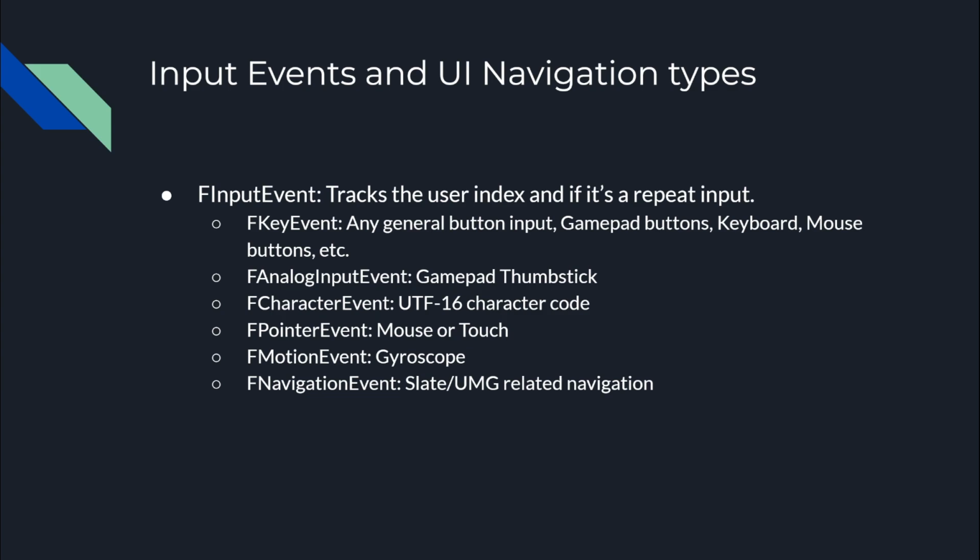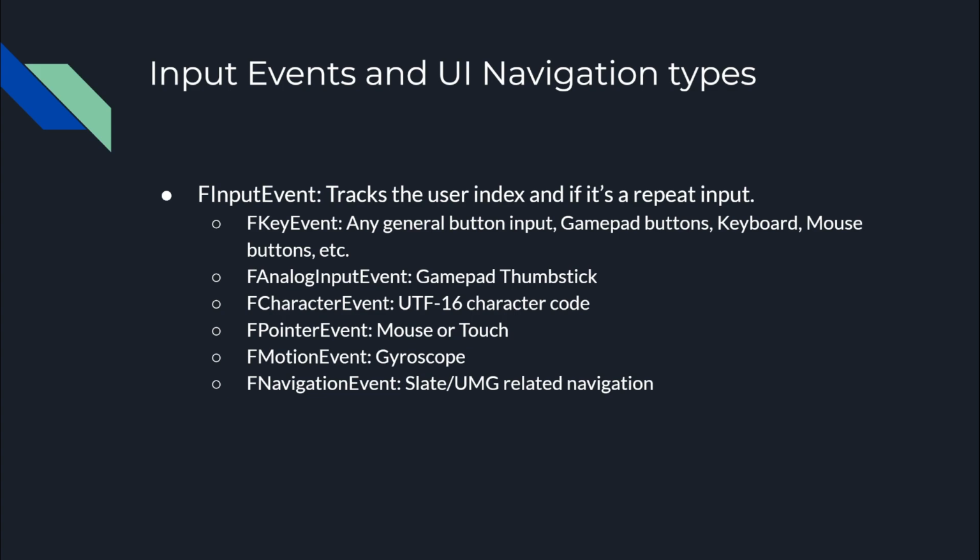And then you have character events. I have not used them personally, but they're pretty much Unicode 16 character codes. Literally just that. I'm pretty sure they're used for specific widgets and like OnKeyChar functionality kind of stuff regarding typing in code, text and everything.